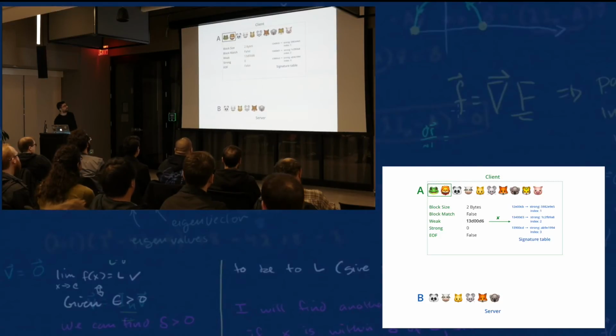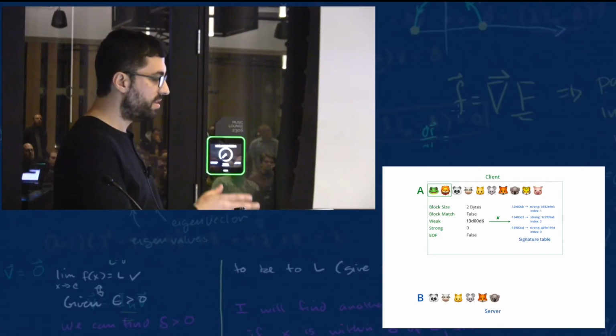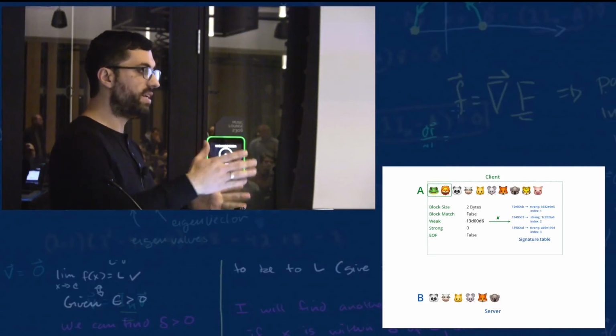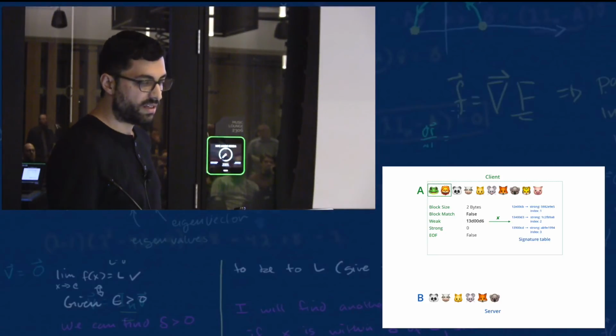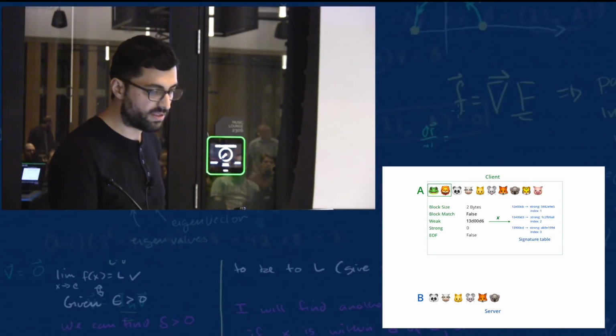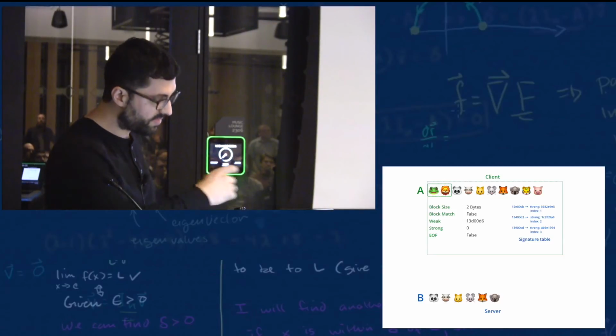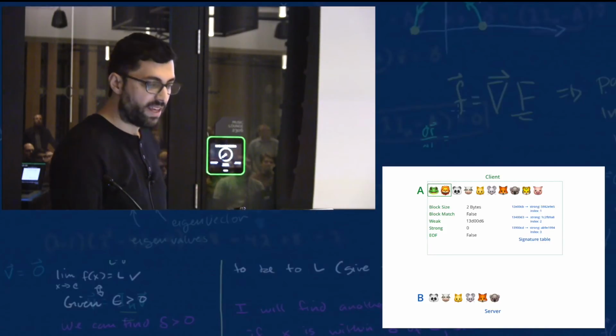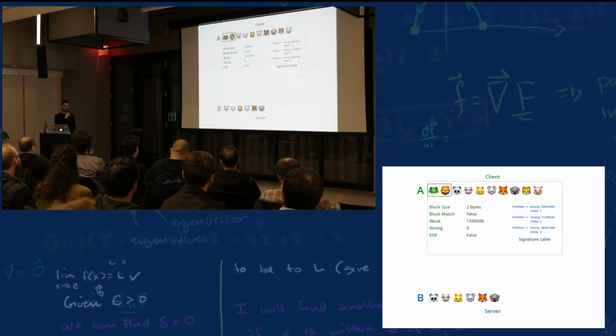So this tells the algorithm that we are going to move byte by byte instead of block by block, rolling. And this is to identify what bytes are in A that are not in B.